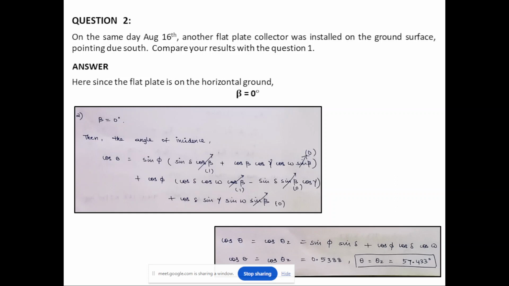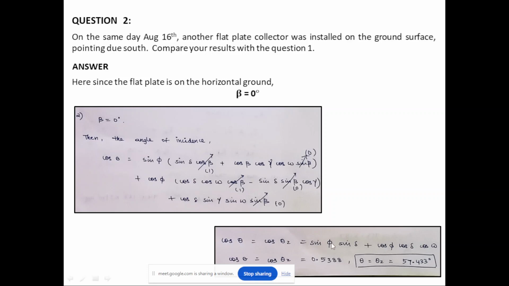The definition of the zenith angle is the angle formed between the sun's beam radiation and the normal to the horizontal surface. Here also the case is the same. Since the flat plate collector is at the ground surface, the normal will be in this direction. So this is the same as the zenith angle.